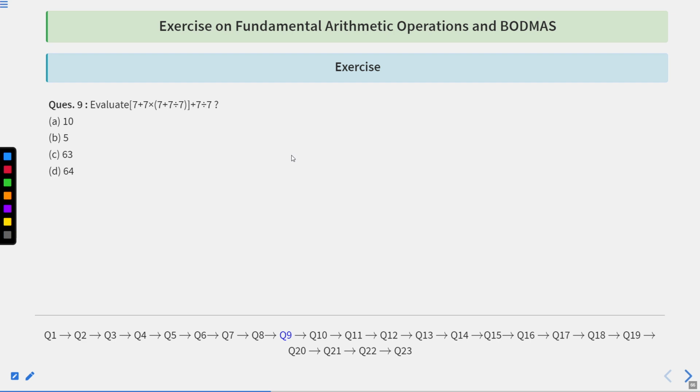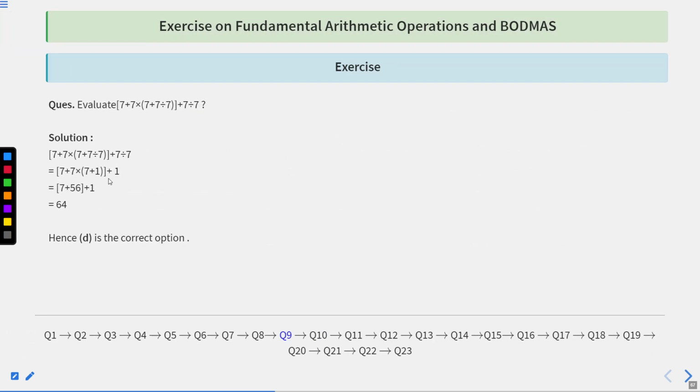So moving ahead to problem number 9. In this question, we have to evaluate 7 plus 7 times, so 7 plus 7 divided by 7 plus 7 divided by 7. So first of all, let us start with resolving brackets.